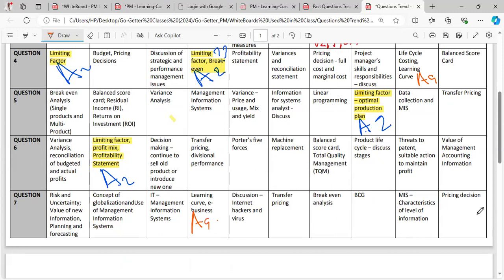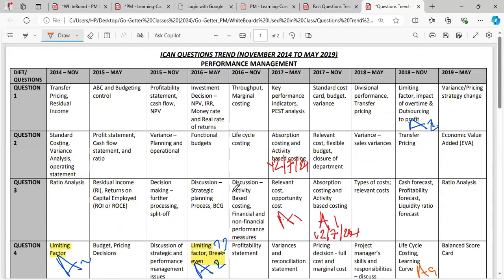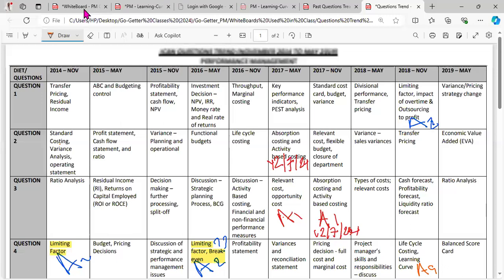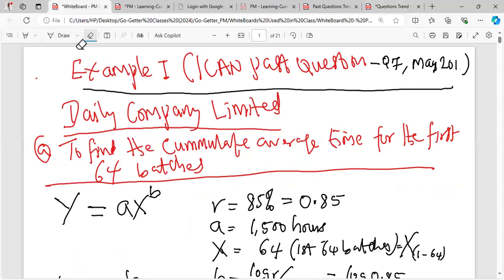So these are two. I'll need to check this at May 2018 and May 2016. Oh, it's 2016 the person meant, not 2015. The person wrote 2015. May 2016.